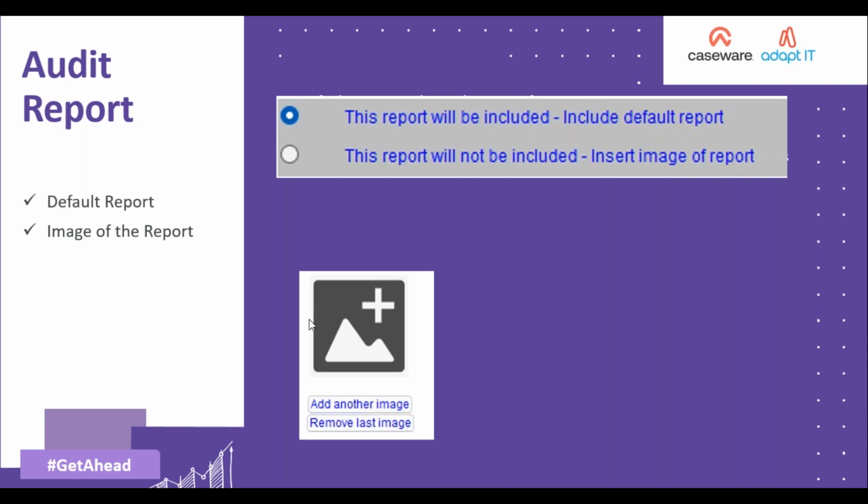Since 2 years ago, Caseware Africa has listened to the different requests of our clients, and we've inserted that option to insert as a picture. Now, you don't need to print, remove pages, etc. Simply ask your auditor to share a scanned copy, a picture copy of their audit report, and then I'll show you in a few moments how you can add their report.